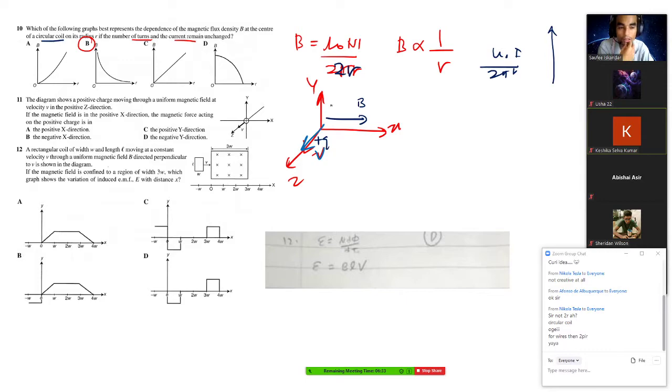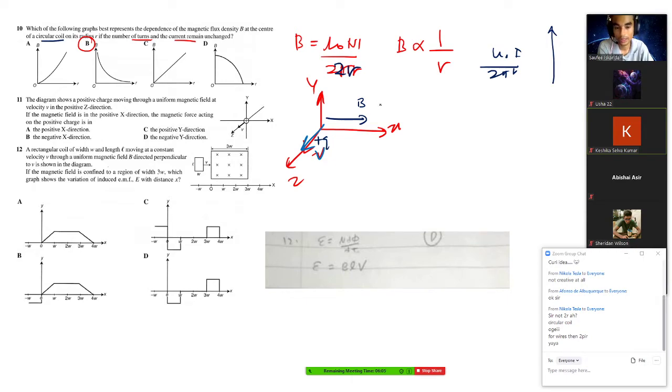So okay, going back to number 11. The diagram shows B going there, and this is a proton, so left hand rule, F = BIl, where is it? FBV, V pointing here, B pointing there.